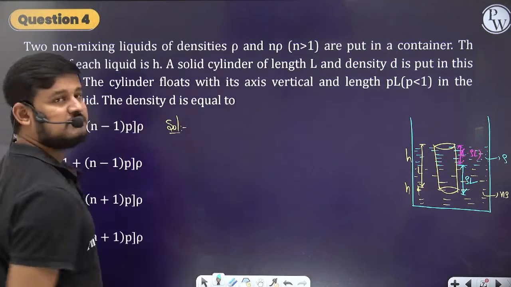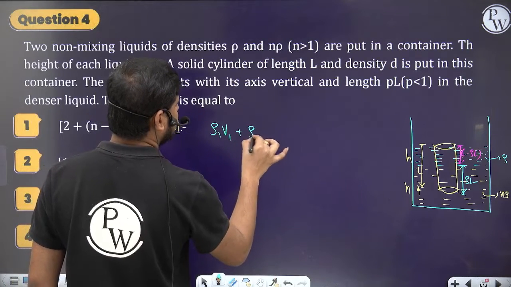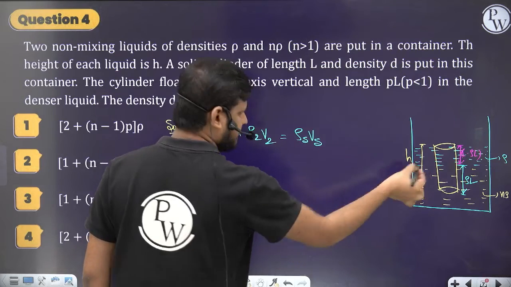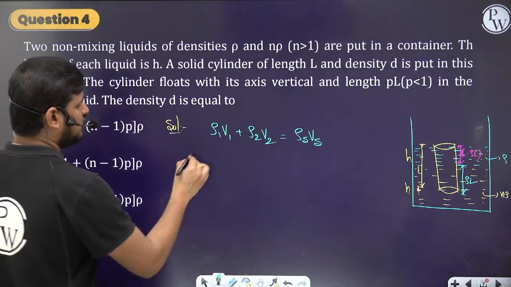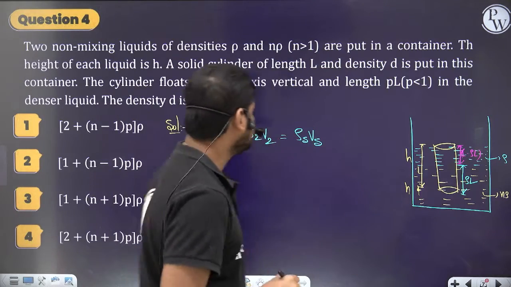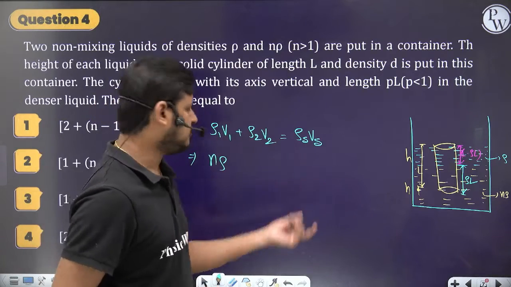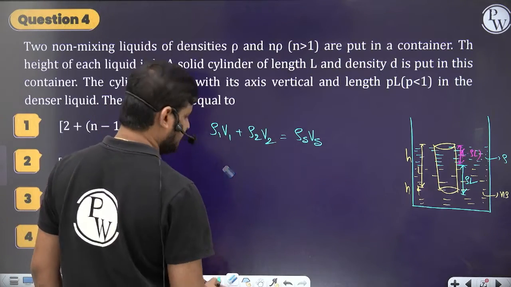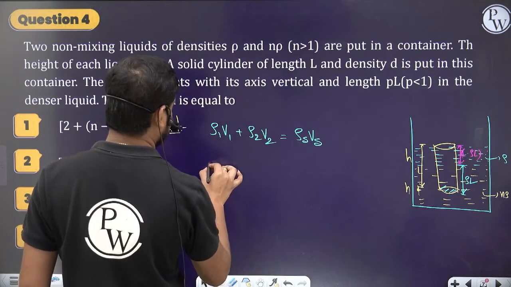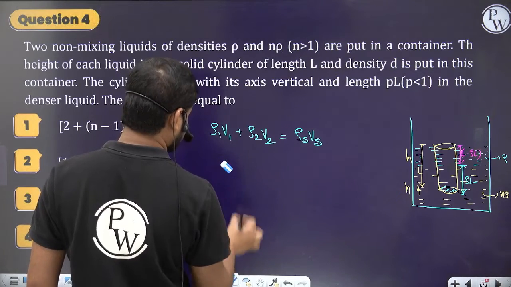There are two immiscible liquids. I can write the formula: rho 1 V1 plus rho 2 V2 is equal to rho S Vs, the solid S. Now what is rho 1? The density of the first one, n rho. In terms of cross sectional area, the cross sectional area is A, same for all.